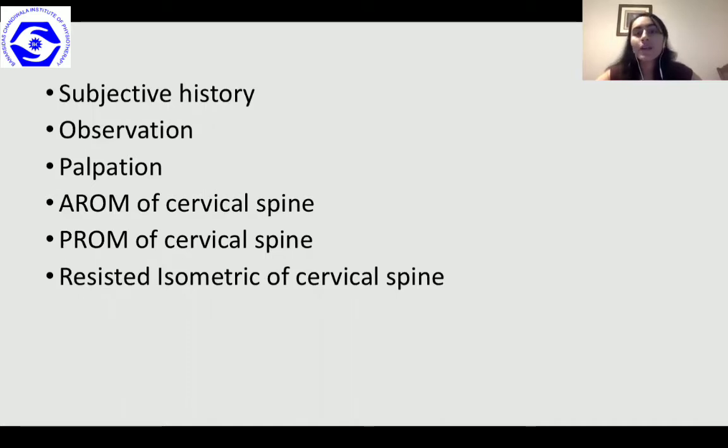And then we will palpate the painful area, looking for any tender structures. First of all, we will go towards the cervical spine. In palpation, we'll also look for temperature variation between the left and right side, the affected and the unaffected side.